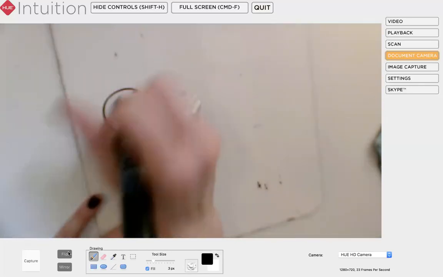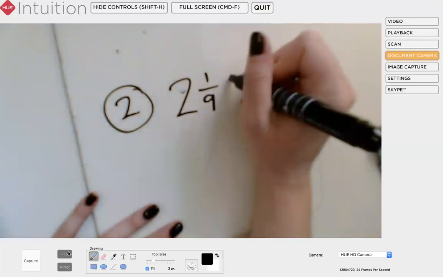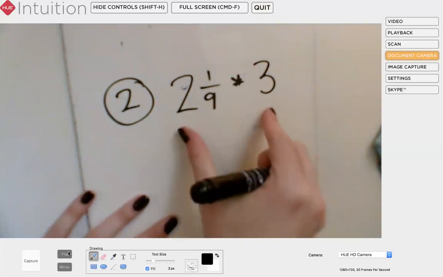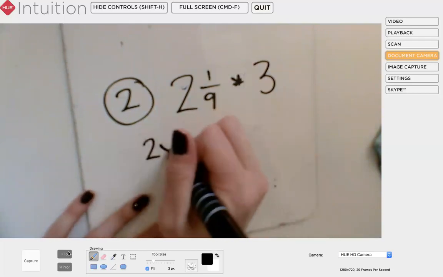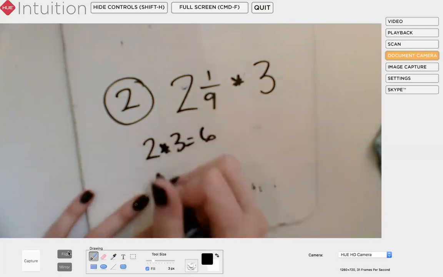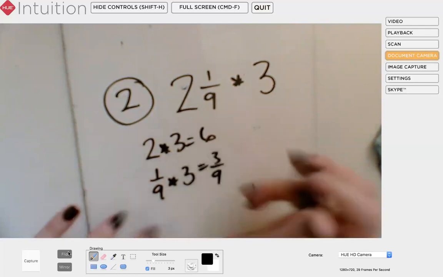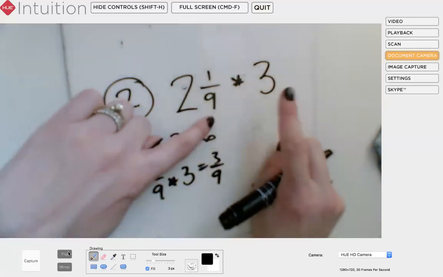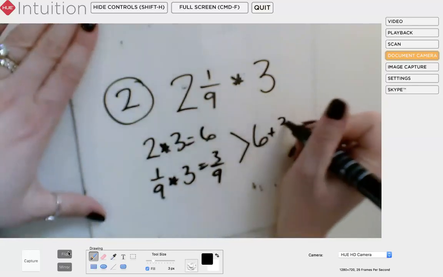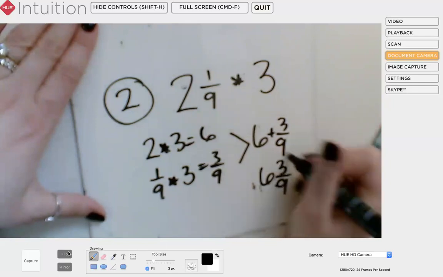The second thing that we learned today was how to take that mixed number and multiply it by a whole number. We have to take the 2 whole numbers and multiply those separately. And then we take the fraction and the whole number and multiply that separately. Once I've multiplied the whole numbers and I've multiplied the fraction and the whole number, I'm going to add those up, which would give me an answer of 6 3/9.